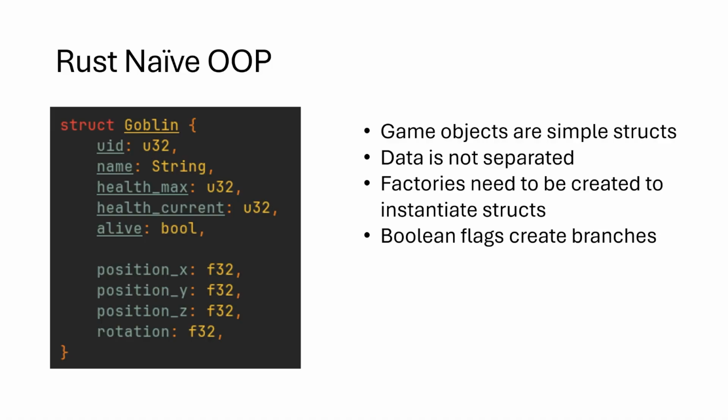And then when you want to create it, you have to use factories, which are very common. And with these Boolean flags, every time you have an if, else, or then statement, it creates a branch in the assembly. And so when you are executing code, it will make a prediction as to what branch is most likely to be taken.